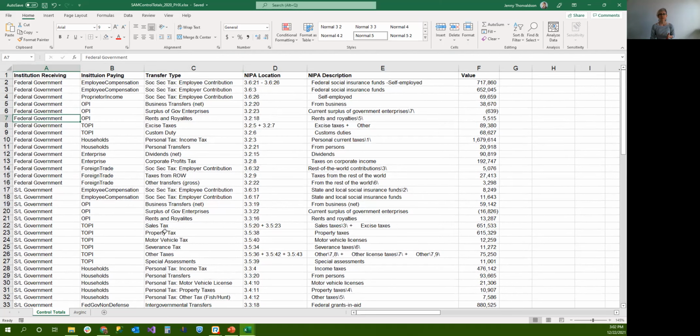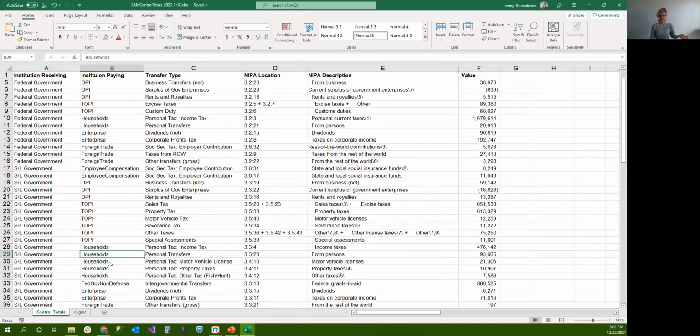Oh, and I did want to point out, households clearly pay some taxes. We talked about that: industries pay some taxes and households pay some taxes. So here we have households paying taxes to state and local government. Up here we've got them paying to federal. And I just wanted to point out that in IMPLAN we have 9 income categories for households. And so these national controls are just for all households together.